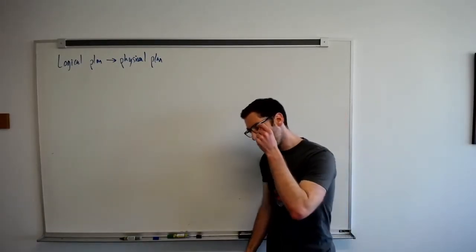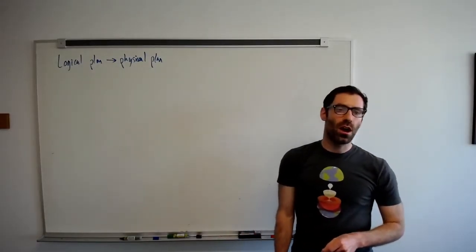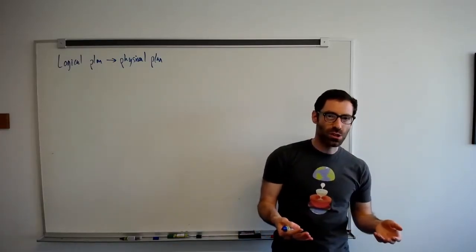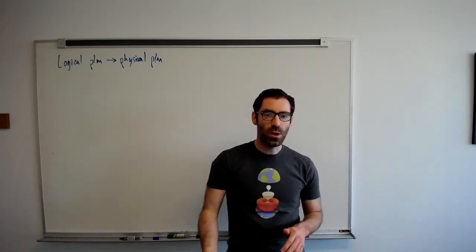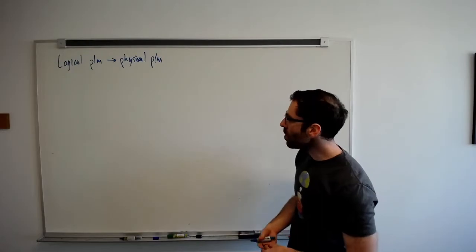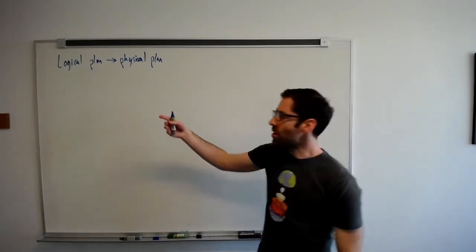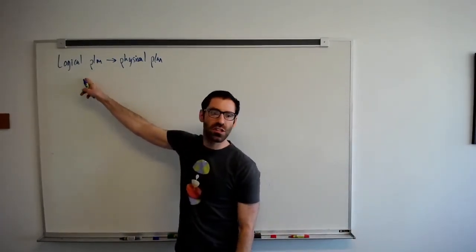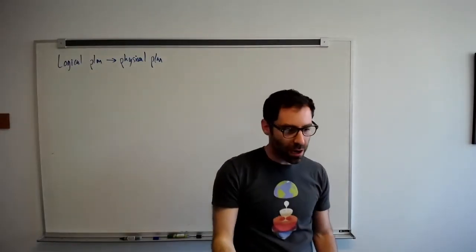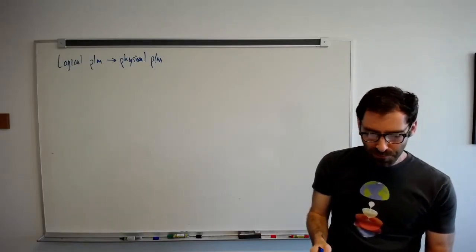We have two tables that we're accessing in order to join them together. Which access method should we use? Should we do a sequential scan? Is there an index we could scan? And these are all the types of decisions that the system needs to make to go from our logical plan to a physical plan, and this is where the optimizer comes in.